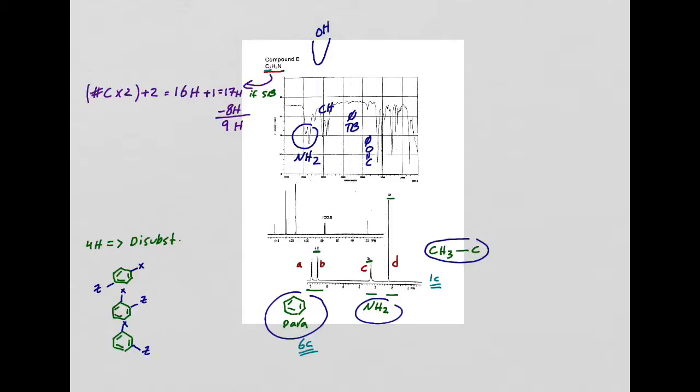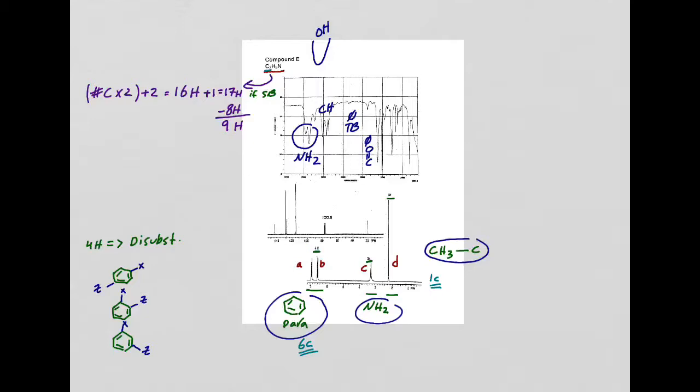So this carbon we said is attached to a carbon with no hydrogen. This has to be one of the carbons of the benzene ring, because I can't have another carbon. I only need 7 carbon. So far so good? Okay.